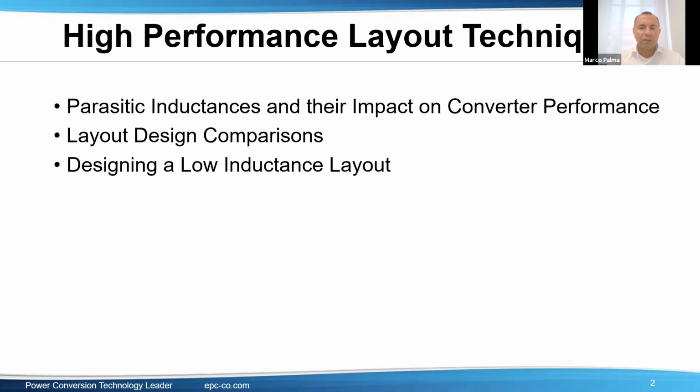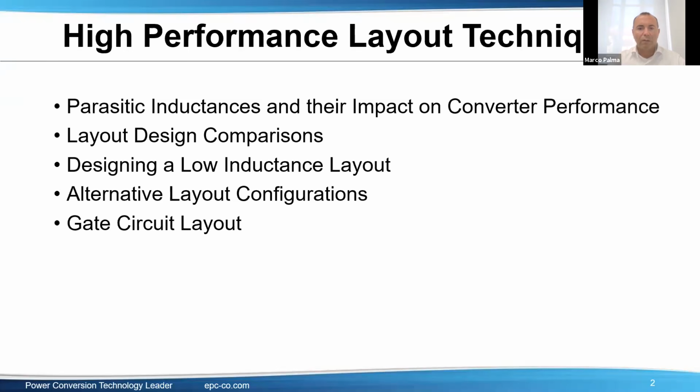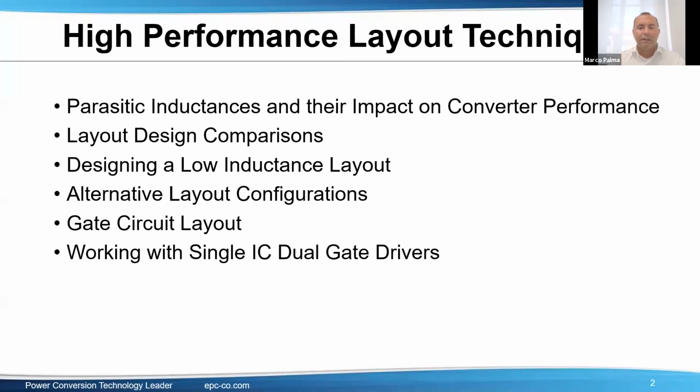Using that information, we'll then be in a position to look at alternative configurations and operating situations for which they are best suited. After that, we'll look at the gate driver circuit layout and how to deal with the dual driver ICs. Finally, we'll end this section by looking at how to use the same techniques to include a source shunt.